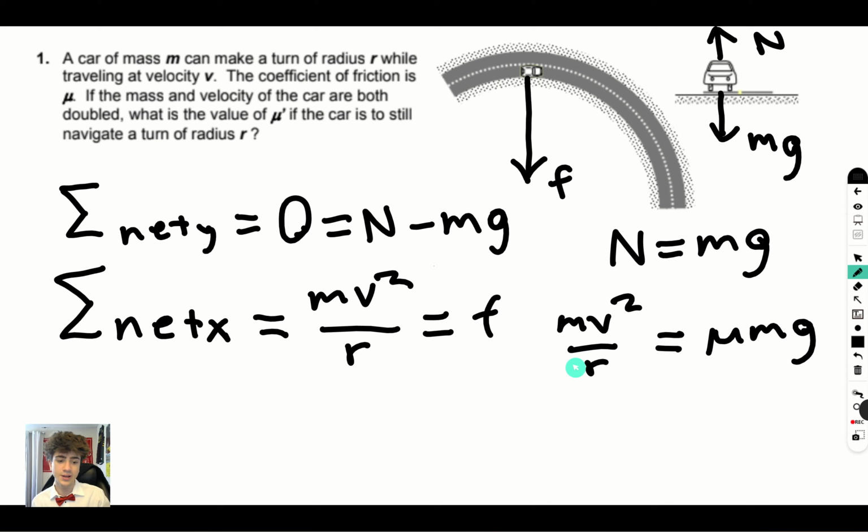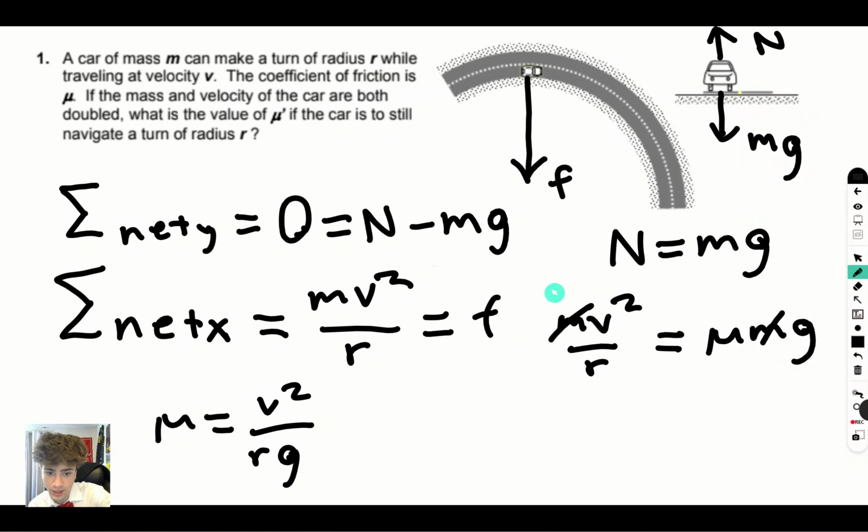From here we see that we have a mass on both sides that we can cancel out. We will be left with mu g is equal to v squared over r, meaning that our mu is v squared over rg. All I did here was divide both sides by gravity.